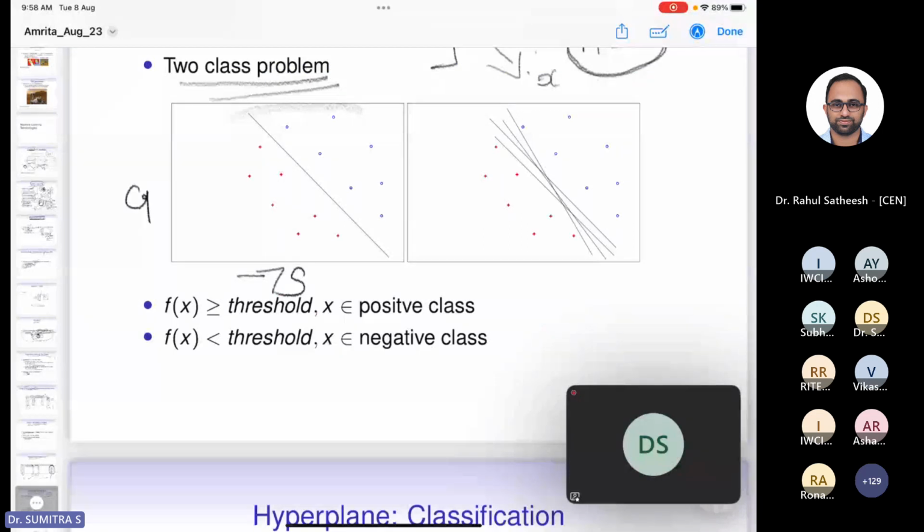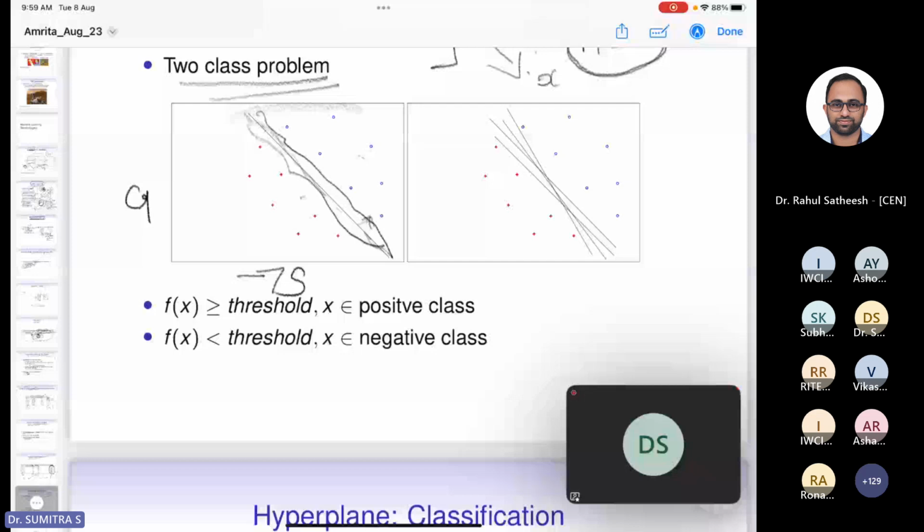As you can see, this line divides the data into two groups. What classification means is, this line here we call the decision boundary. That is the term, decision boundary. If we succeed in finding the equation of this line, then given a new point, we can look at whether it lies on this side or this side.